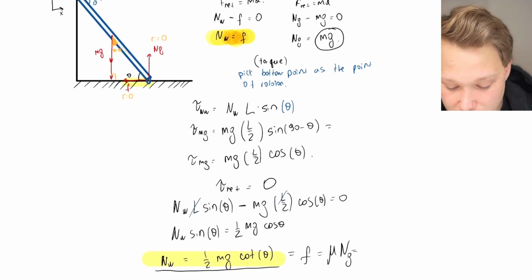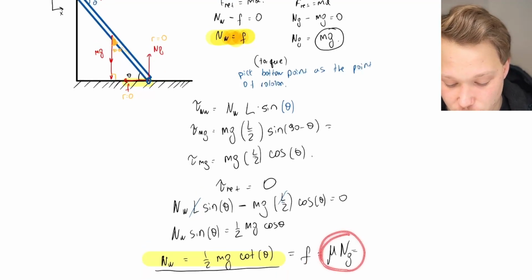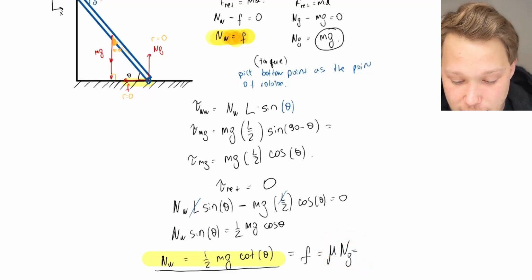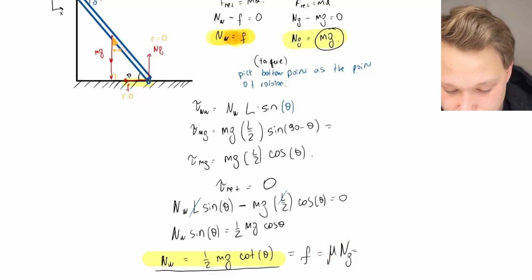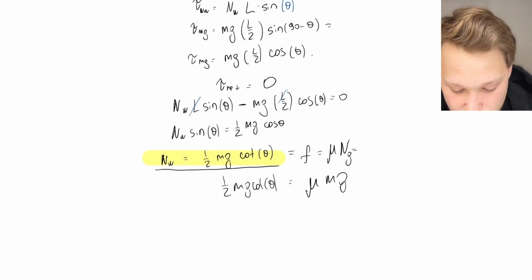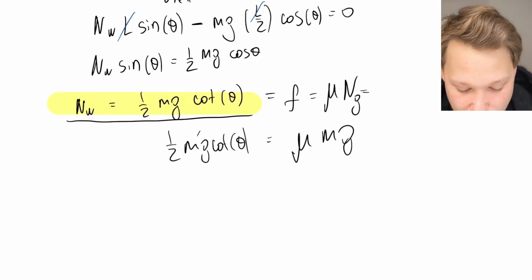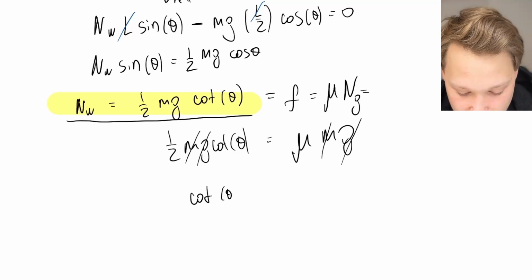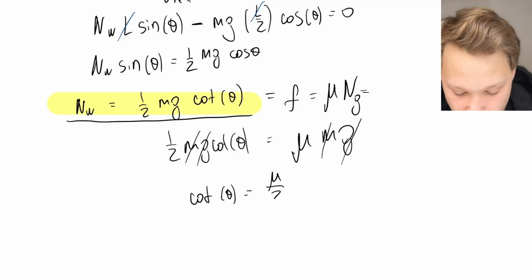Now, I'm just writing out the formula for the frictional force, which is mu times n of the ground, right? And the n of the ground, we're bringing this equation into action, is going to be mu times mg. So, canceling out m and g from both sides, I have cotangent of theta is equal to mu over 2.